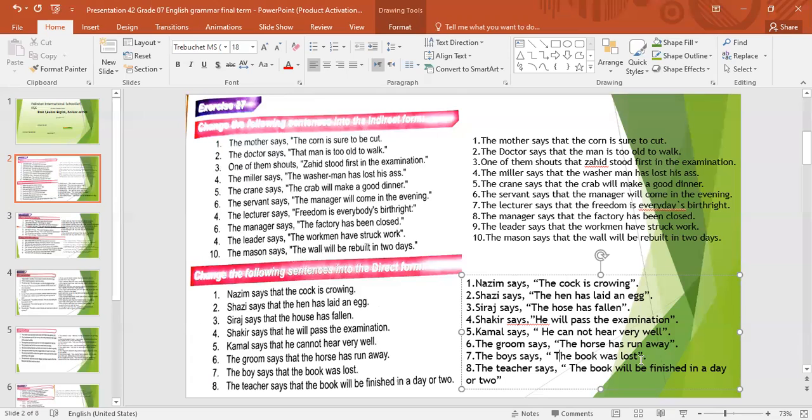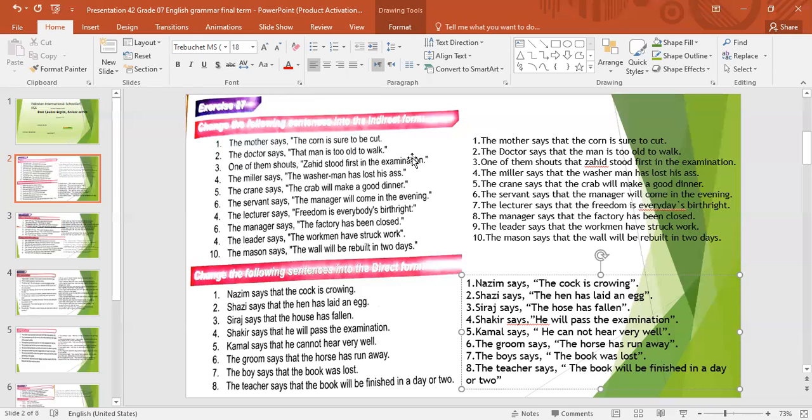Sentence number eight: the teacher says that the book will be finished in a day or two. So here you will take out "that" and put this part into inverted commas and it will be direct speech: the teacher says, "The book will be finished in a day or two."